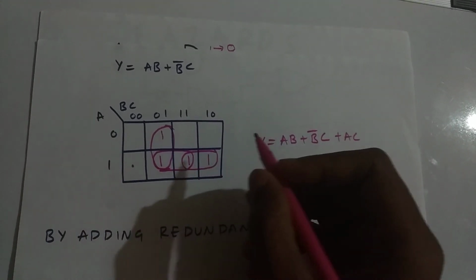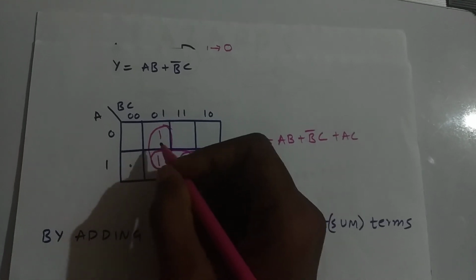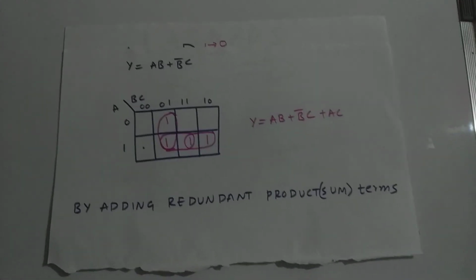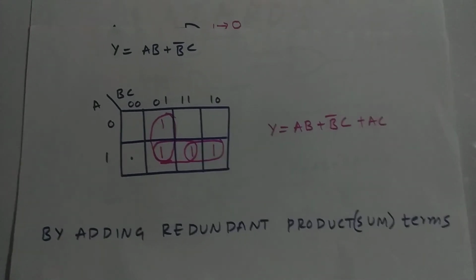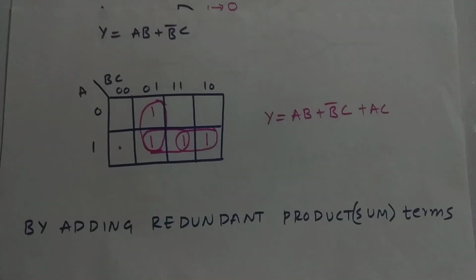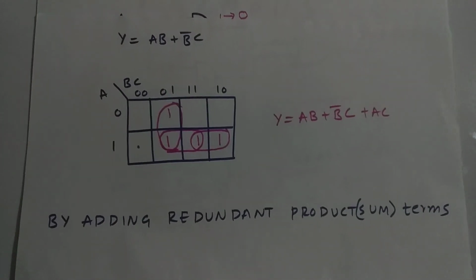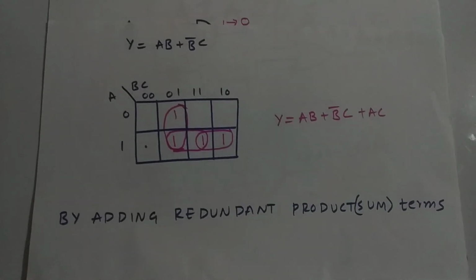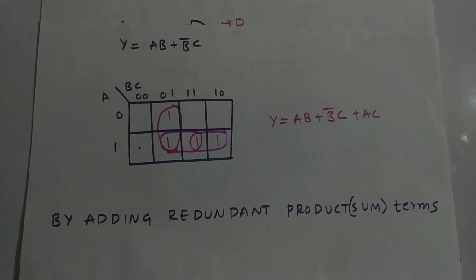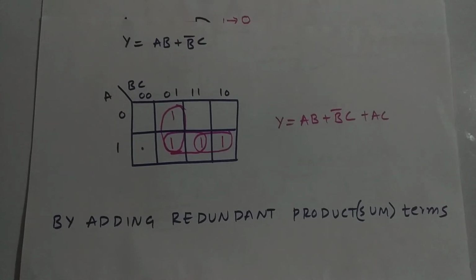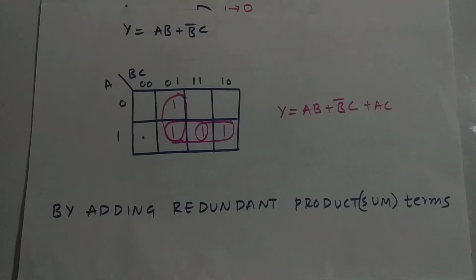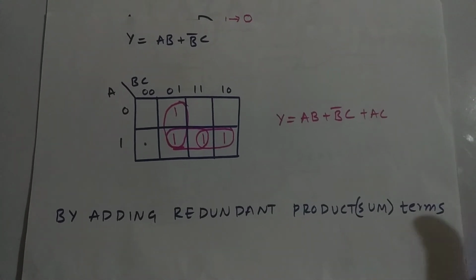For POS, you need to group all zeros. Don't forget this, adjacent cells must be in a single group. This is an important point. Write it down in your brain that adjacent cells should be in a single group so that we can avoid hazards, or static hazard types. So this is it about static hazards.